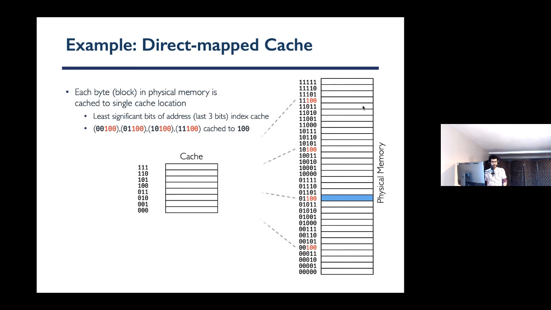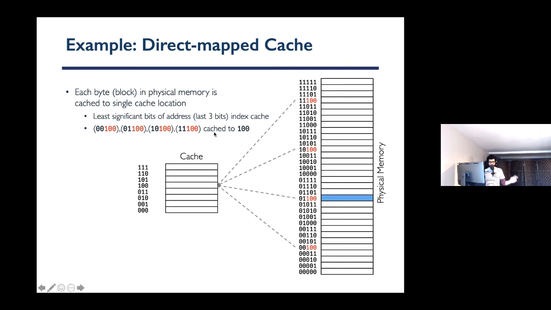In this example, I look at the last 3 bits of my address, every time I get 1, 0, 0, I put it in 1, 0, 0 set here. So all of these would go to this particular set. So in this case, 4 memory bytes are going to one set, 4 other memory blocks are going to go to another set, 4 others going to another set, and I have 8 of them. 8 times 4, that's 32 bytes of my memory.